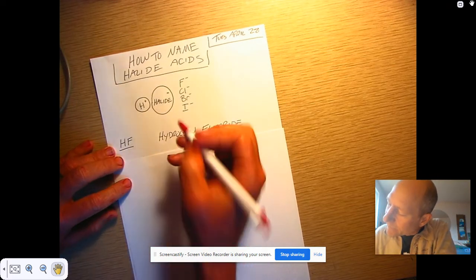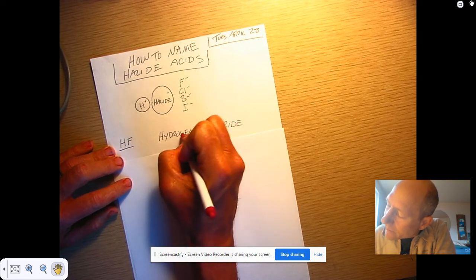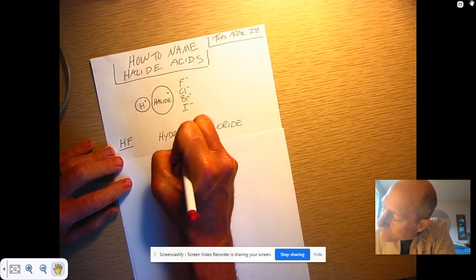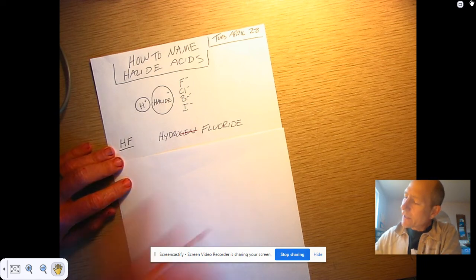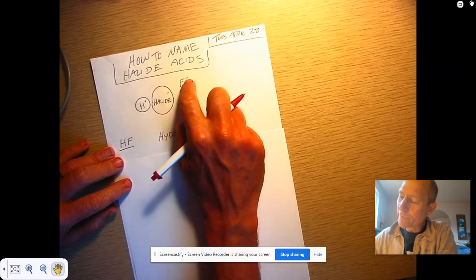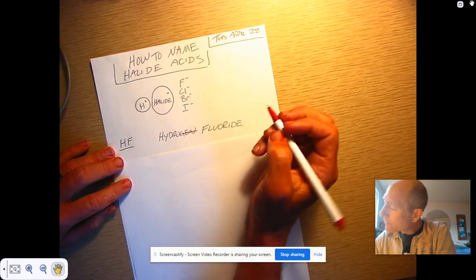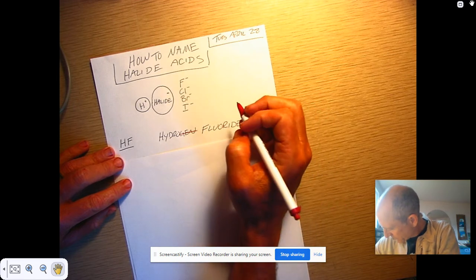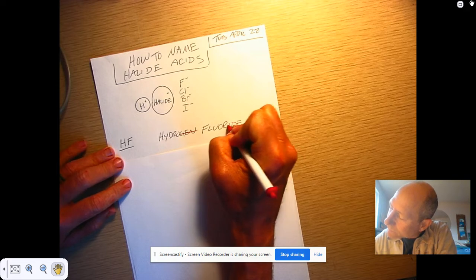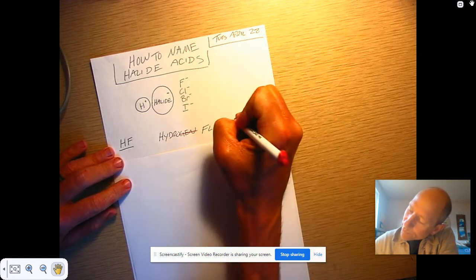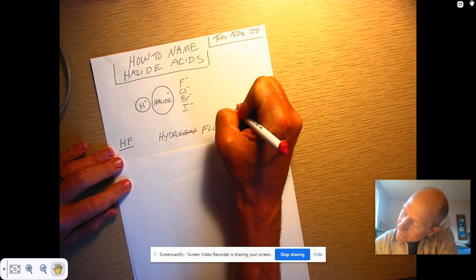So here's what you do. You just take the cation, which is always hydrogen, and you cross out the gen. So it's just hydro. And then with the anion, which could be fluoride or chloride or bromide or iodide, you cross out the last syllable, ide, and you replace that syllable with ick.